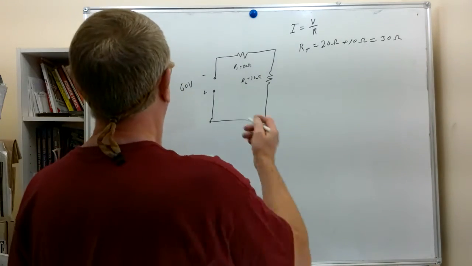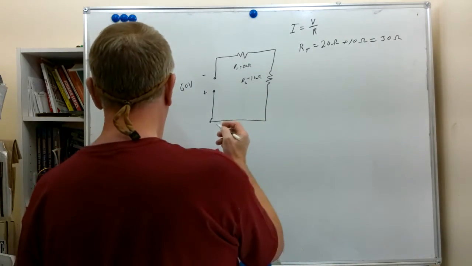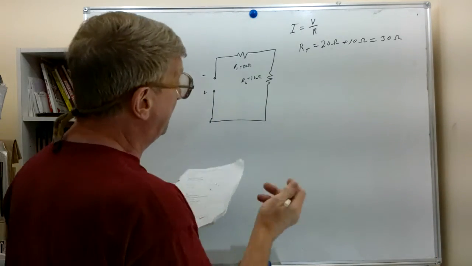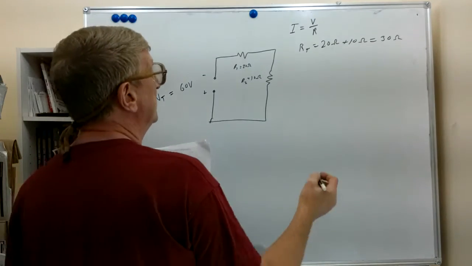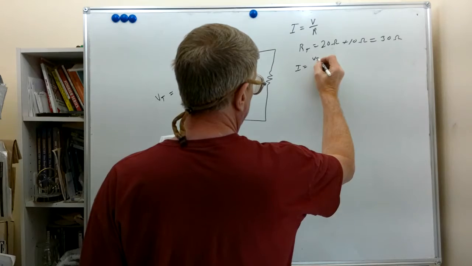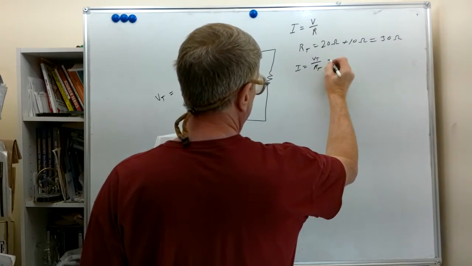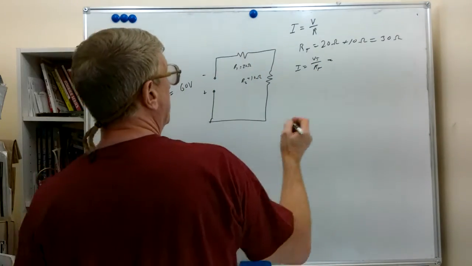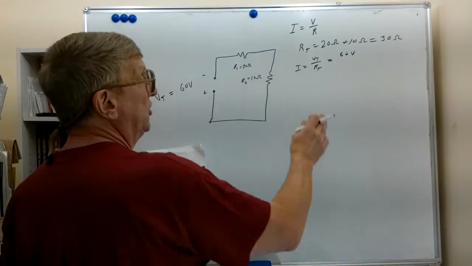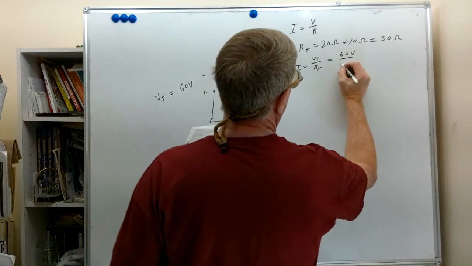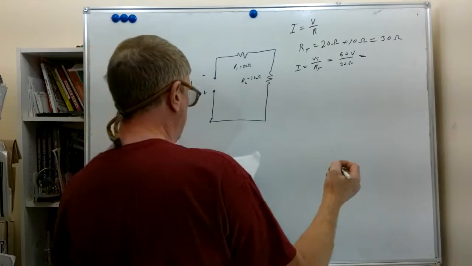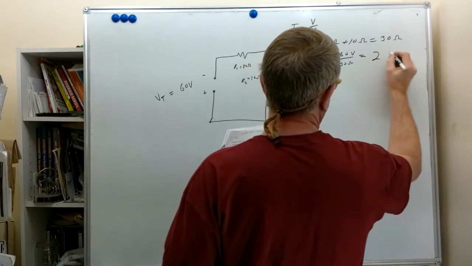Now the voltage total, the supplied voltage, is given to us. So if we want the current, we're going to go I equals VT over RT. VT was given to us, 60 volts. RT we just calculated, 30 ohms. And 60 divided by 30 is 2. So we have 2 amps.